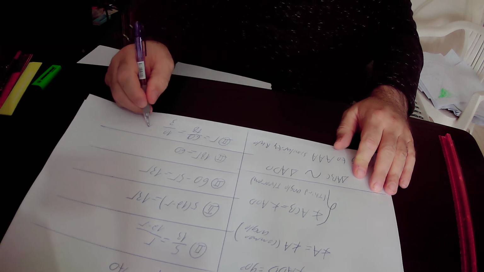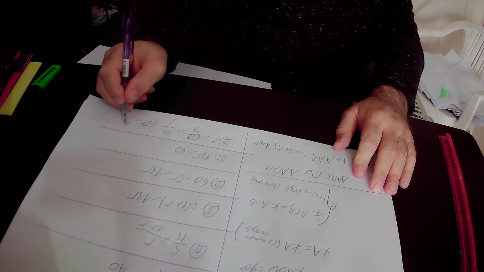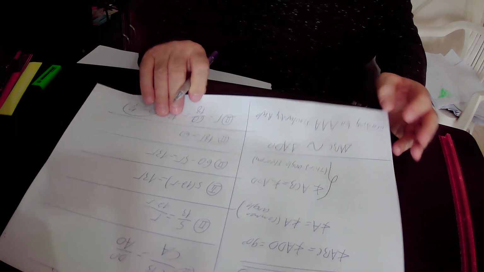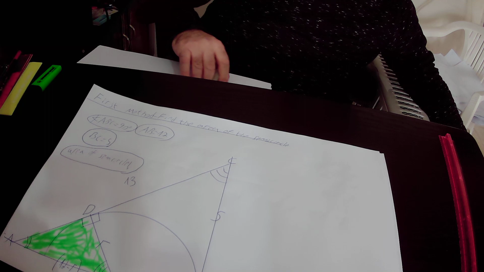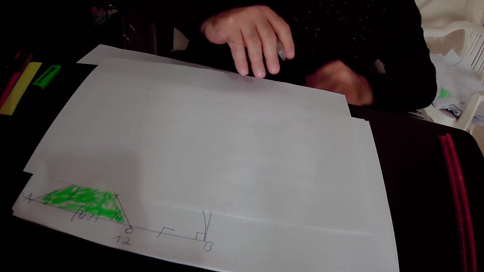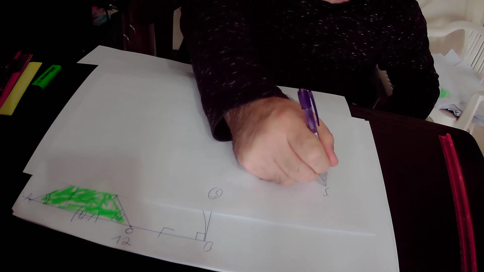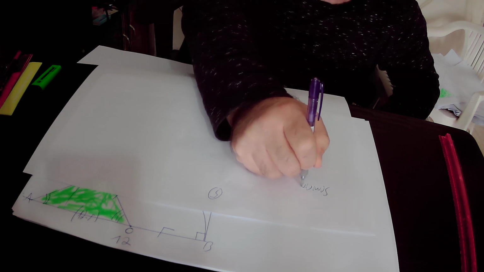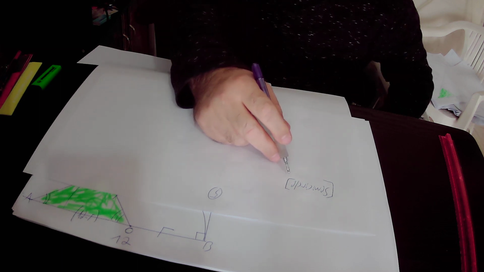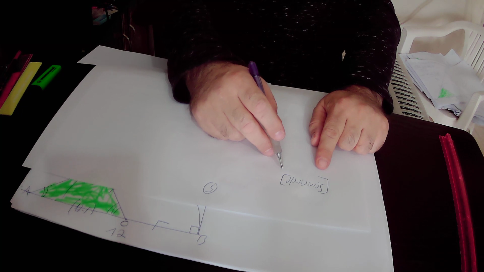So we found out that the radius of the semicircle equals 10 over 3 units, and the area of the semicircle, the thing that we are looking for, is equal to, so the brackets here are the sign for the area.